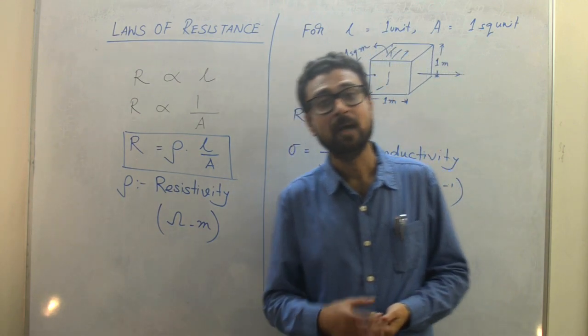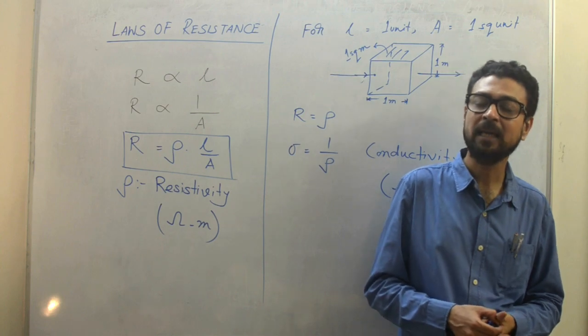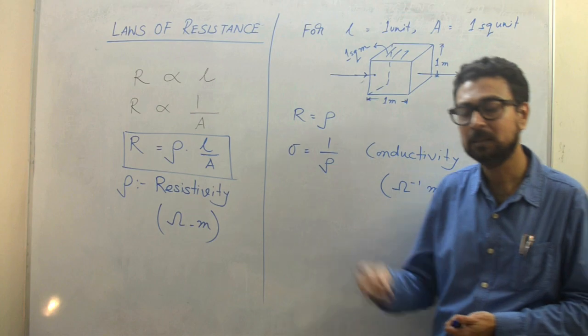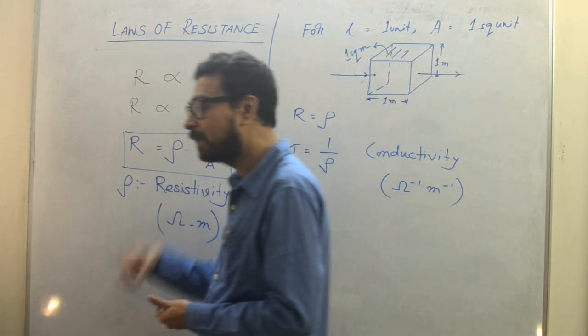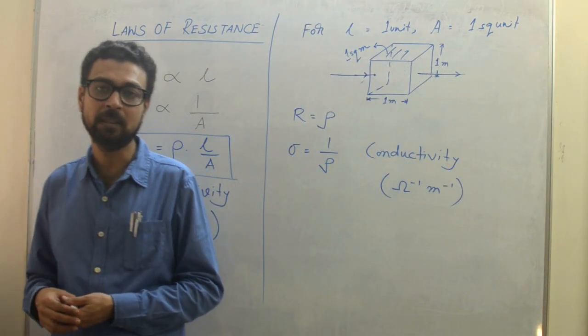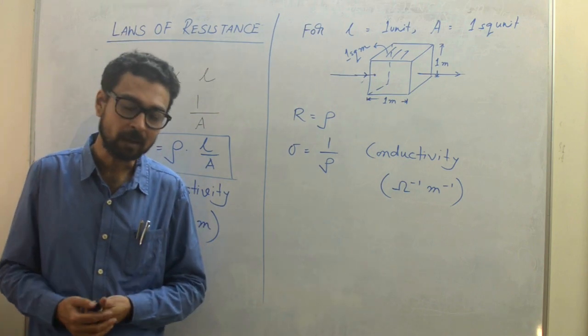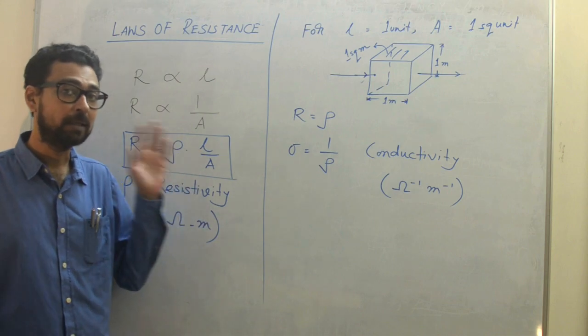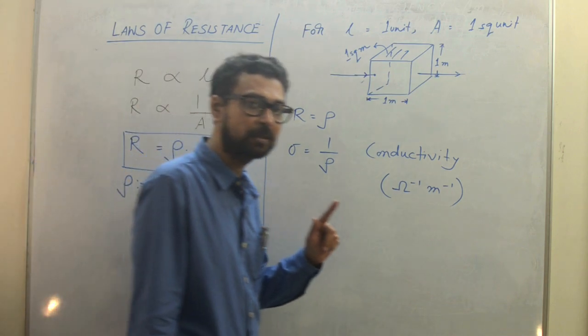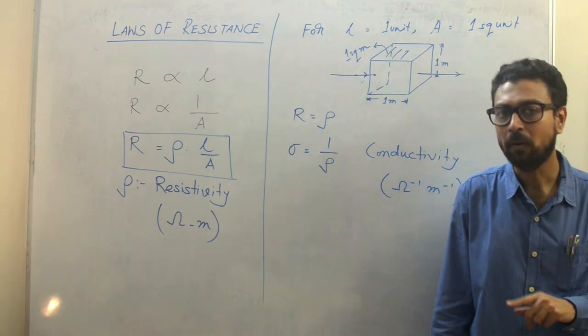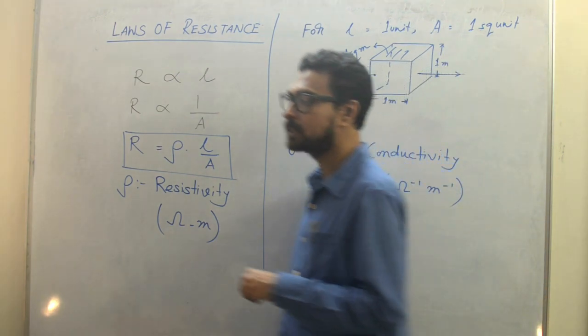I have seen a lot of students make this mistake: they are asked how the resistivity of a conductor depends on the length, and they write what we have learned about resistance. Don't mix it up. Please understand that resistivity is independent of the length, area of cross section or other physical dimension of the conductor.